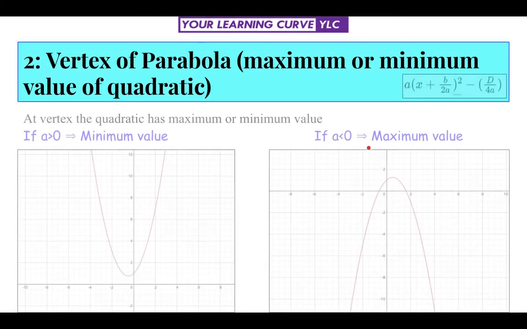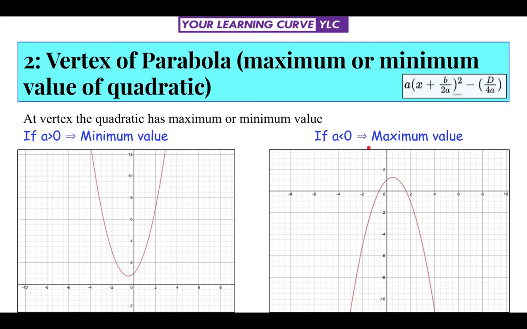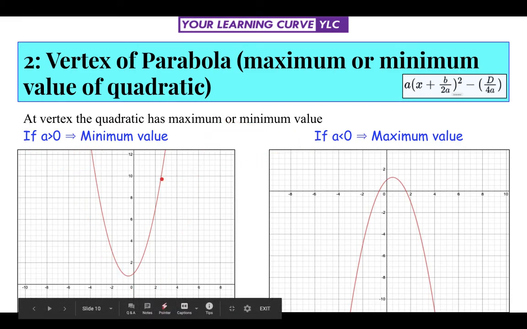Now let's see what is the value of the vertex of the parabola. For that, you have to understand and remember always that if a is positive, we get a minimum value and the parabola opens upwards. If a is negative, then the parabola opens downwards and we get a maximum value of the function.